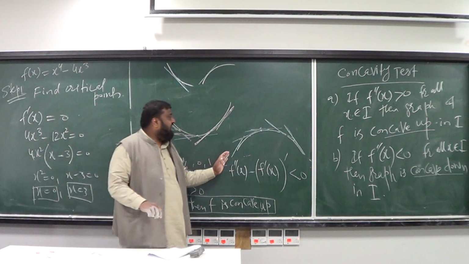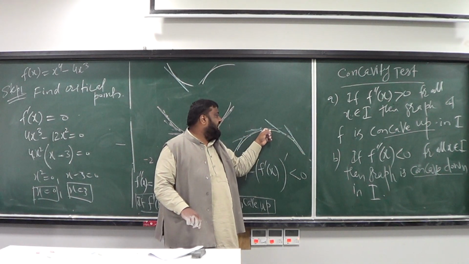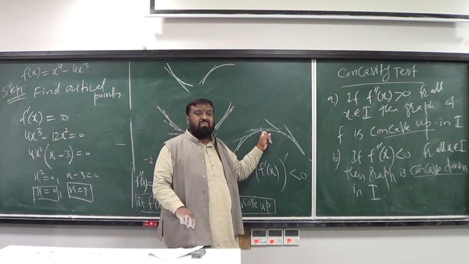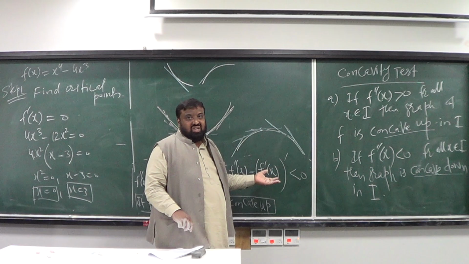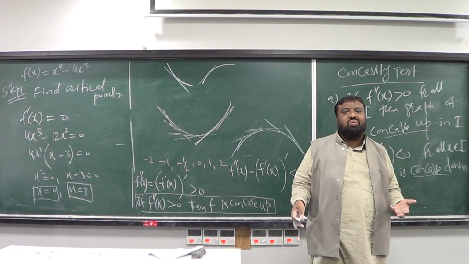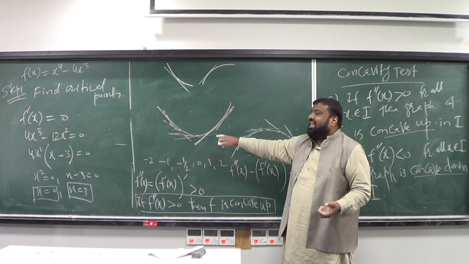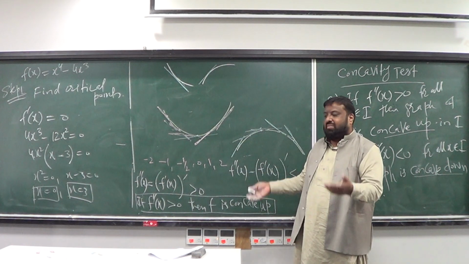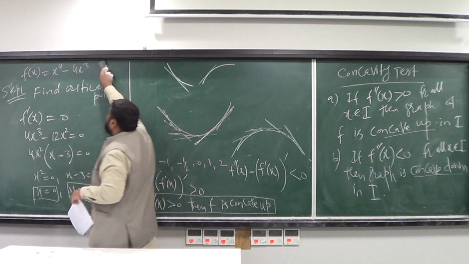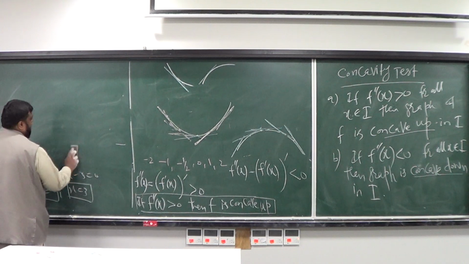And if you have a concave down curve and on that curve you have a critical point, then that critical point must be a maximum. So concavity also gives an interesting criterion to know whether a critical point is a maximum or minimum. And this is called the second derivative test. It is much easier to apply than the first derivative test.